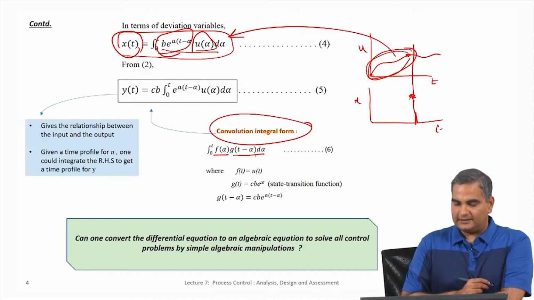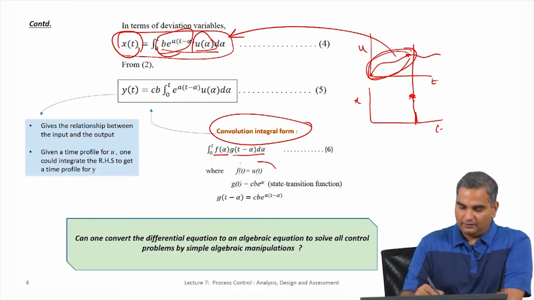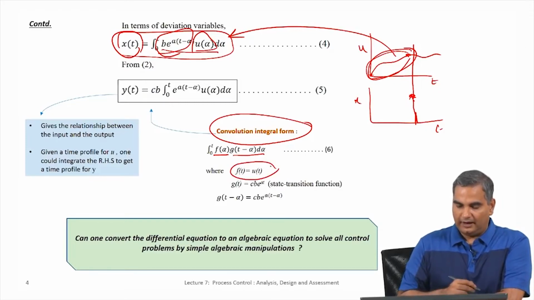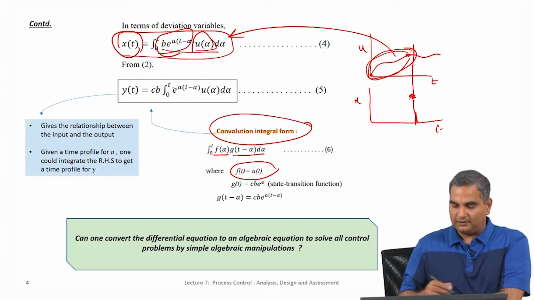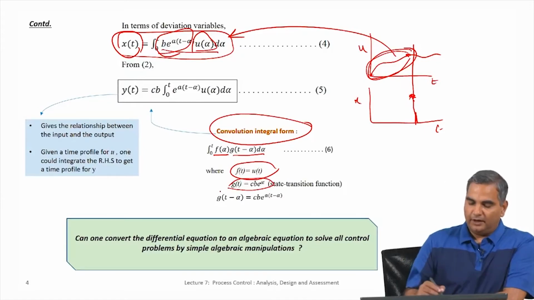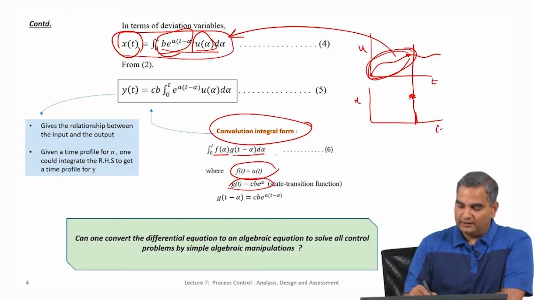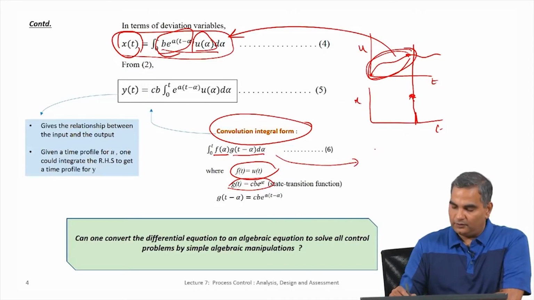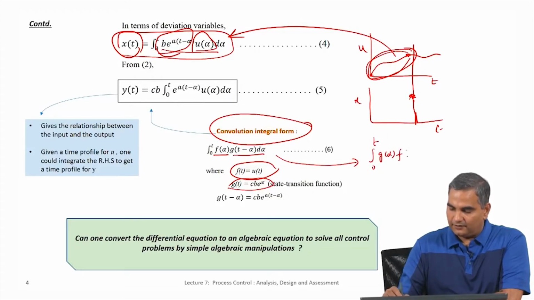In this case you can look at this and say this is u of t, and if the other term is g of t minus alpha, then you can say g of t is c b e power a t. Now, you can also show very easily that this is also equal to the integral from 0 to t, very simple to show this. This can also be written as g of alpha f of t minus alpha d alpha.